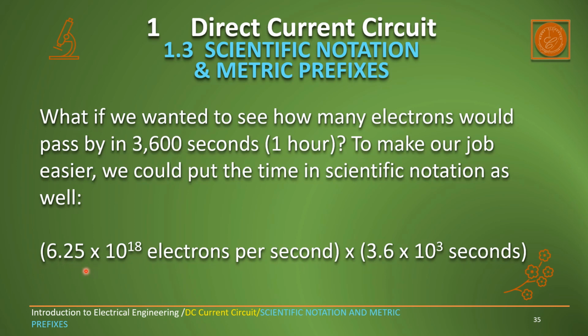This number is 6.25 times 10 power 18. It means electrons pass 1 point per second. And this number, 3.6 times 10 power 3, means it's 1 hour. It means 3,600 seconds.